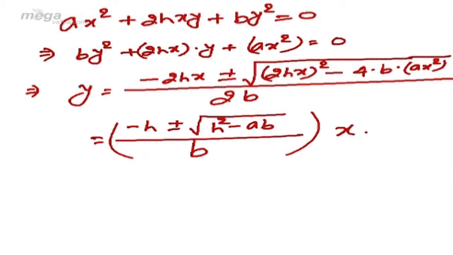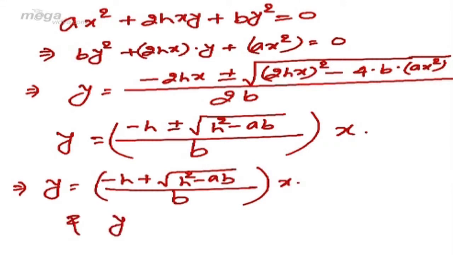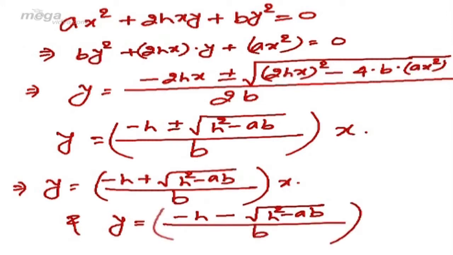After the simplification you will get this. Now you can see one time we can consider minus h plus root under h square minus ab upon b into x, and one time if we consider the minus sign, it becomes minus h minus root under h square minus ab divided by b into x. This is a linear equation because this whole thing is a constant.